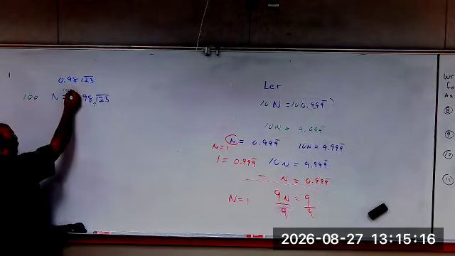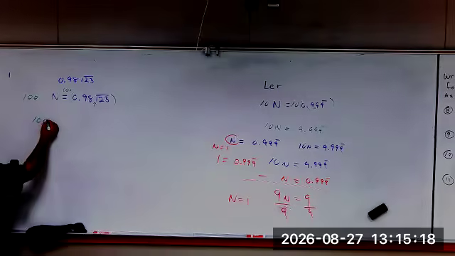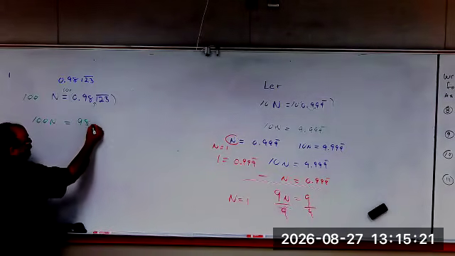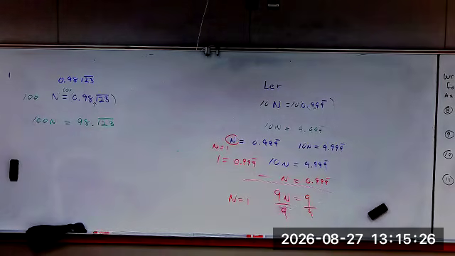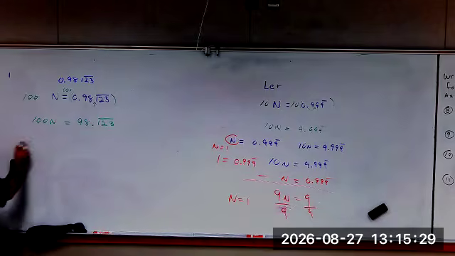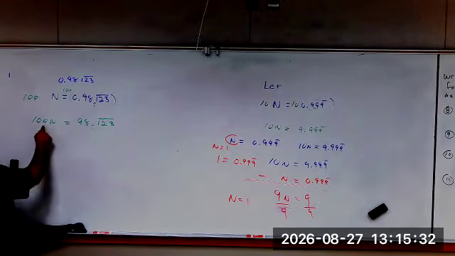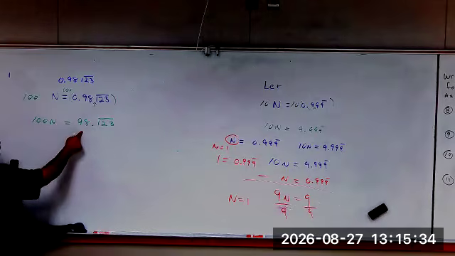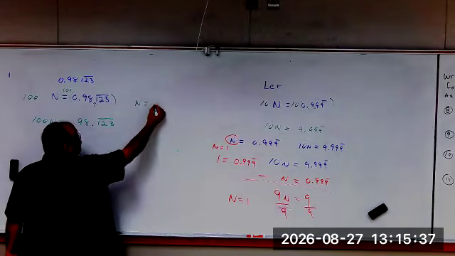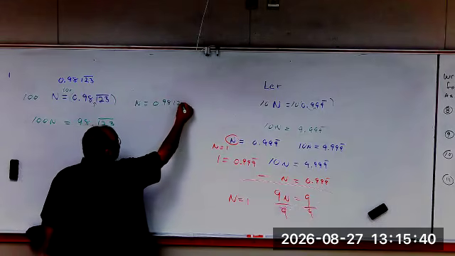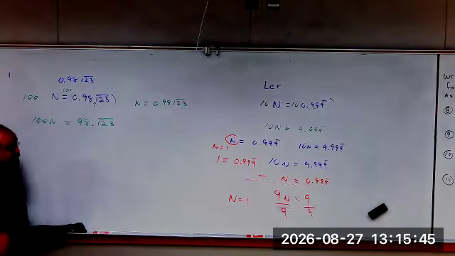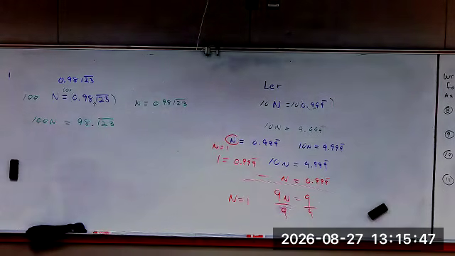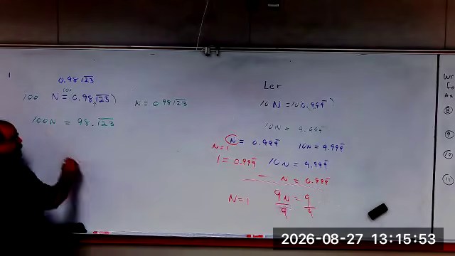So here's the problem. To get to here, so I just have this much, I have to multiply by 100, 100 times each side. I get 100n equal to 98.123 repeating. But if I only use this with n equal to 0.98123, I can't get rid of the decimal because the 98 is on that same side. So I need more than just this.